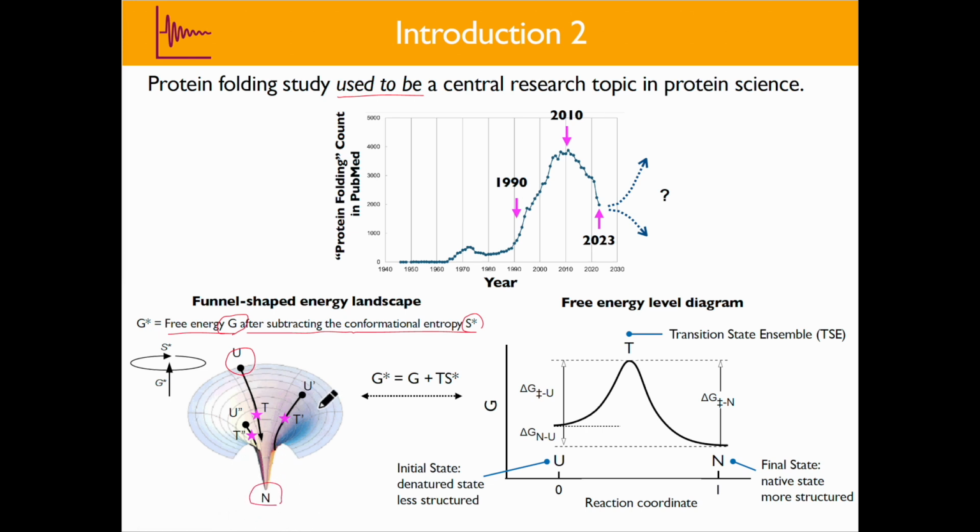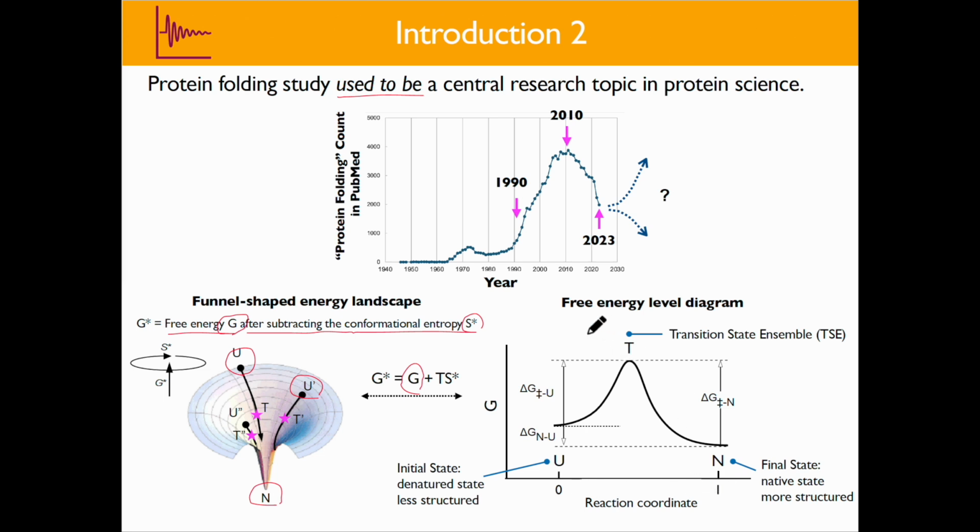From a different conformation U prime, the trajectory does not cross the other trajectories and falls down on the surface toward N. This G star can be converted to the normal G value, which gives the free energy of the system or a molecule, and the reaction coordinate is the horizontal axis.